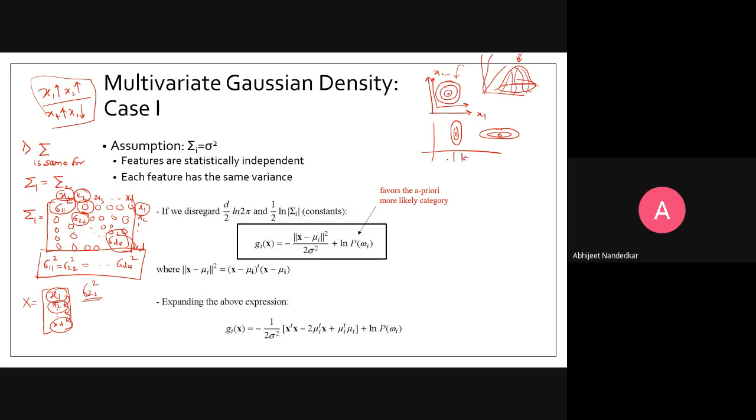So this is a smaller spread, this sigma 11 square, and this is a bigger spread along the x2 direction. So this will be sigma 22 square. Depending on the values of sigma 11 and sigma 22, it will look different. If I take this diagram, then sigma 11 square is more than sigma 22 square. Here we are assuming this particular situation.